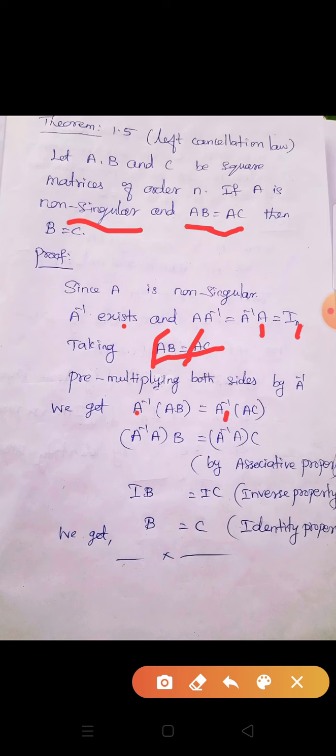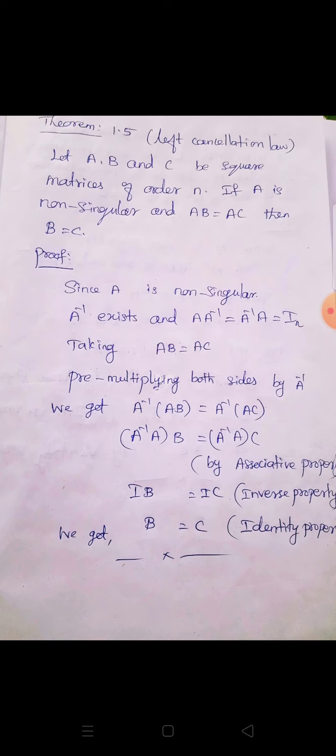Now by the associative property, we take A inverse A into B, and A inverse A into C. Next, by the inverse property, A inverse A becomes I. Next, by the identity property, I B is equal to B and I C is equal to C. We have finished our fifth theorem. Are you understanding?